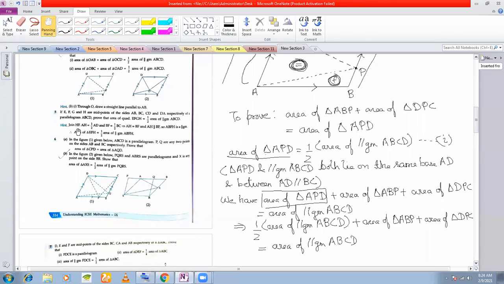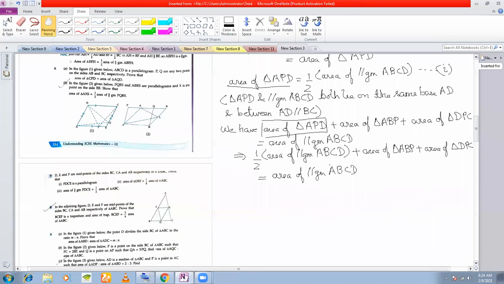Okay, so now what you see here is that we have half area of parallelogram ABCD on the left hand side and area of parallelogram ABCD on the right hand side.